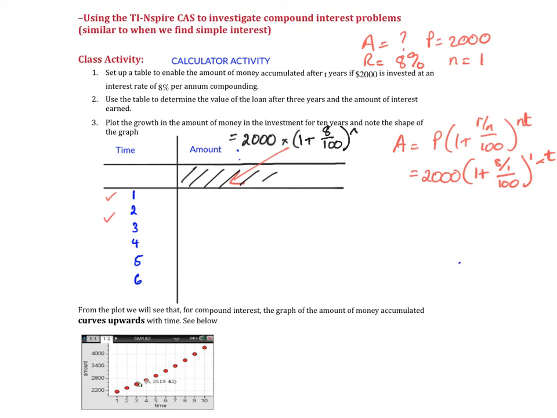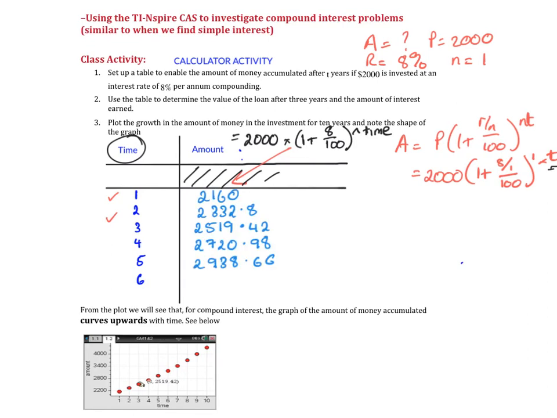Now we didn't use t, we used time, so that has to go in here as well, to the power of time. And when you put that into your calculator and press enter, you should get lots of different values. Are you getting these values? Fill in this last one for me.